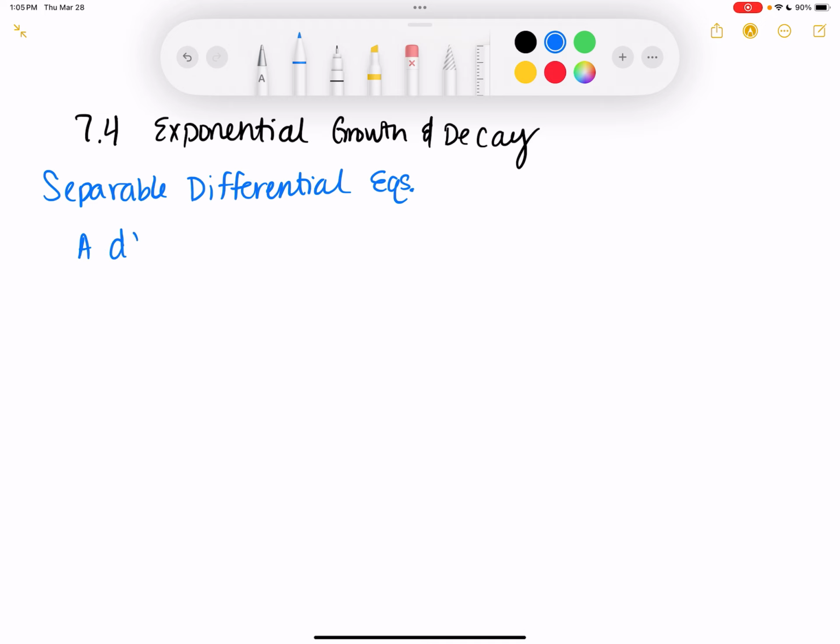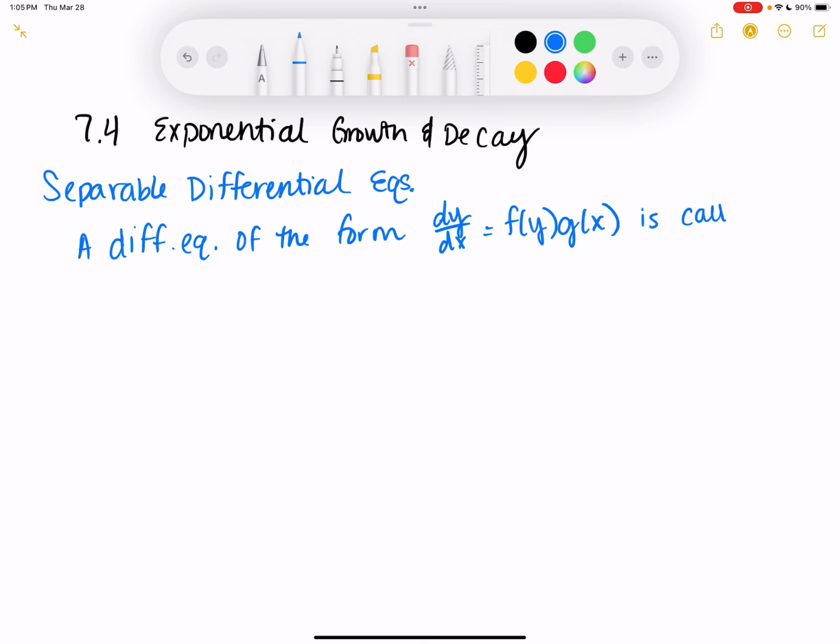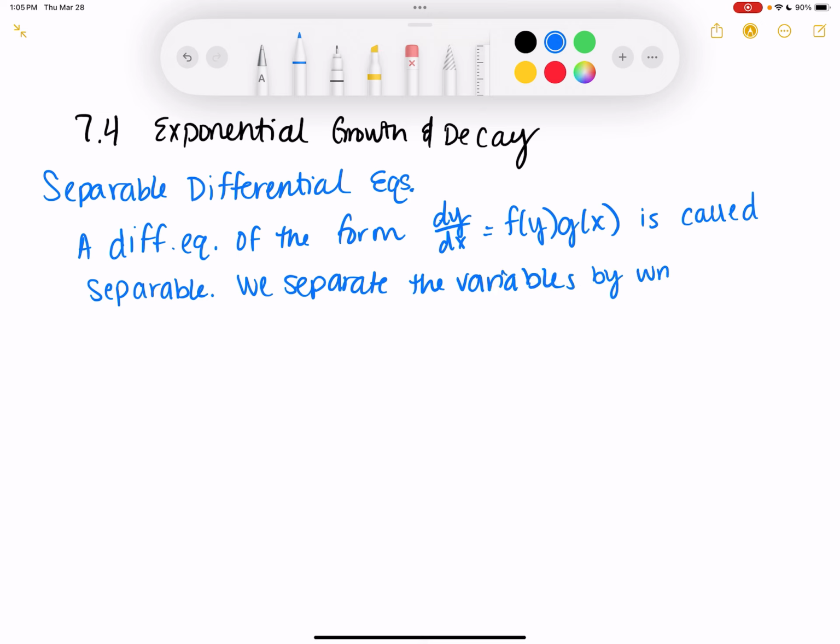So a differential equation of the form dy/dx is equal to f of y g of x is called separable because we separate the variables by writing it in the form 1 over f of y dy is equal to g of x dx.